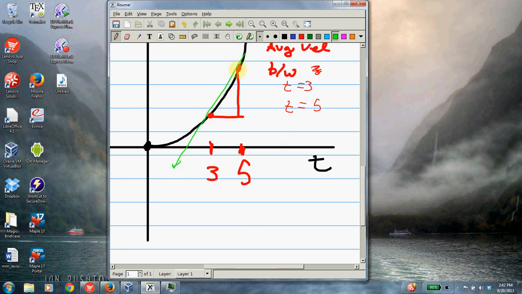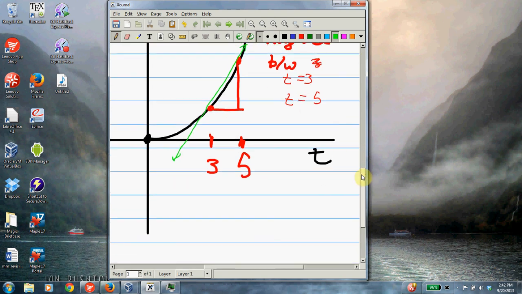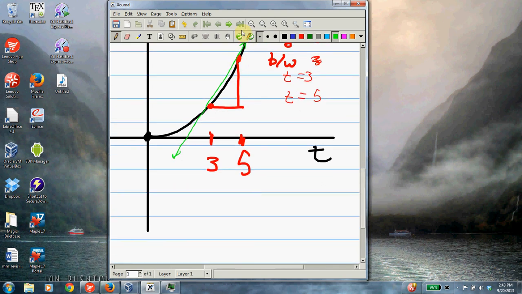Okay, and so if I do everything out in algebraic terms, the average speed over this time interval is s of 5 minus s of 3 divided by 5 minus 3.